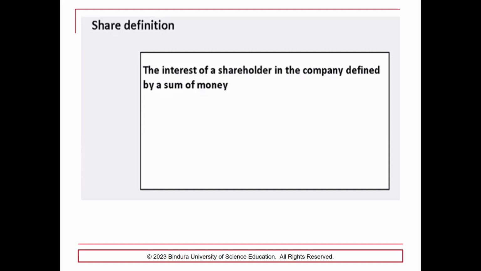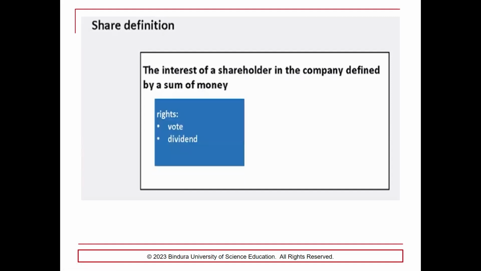So a share represents the interest in the company or perhaps the money that you have actually invested in the company. So if you have 50,000 shares of $1 each, it basically just means that you would have invested 50,000 in that particular business. So the shares that you would have bought will then give you the right to make decisions within the business. So decisions within the business are made by shareholders through voting. So it then means whoever has got the most number of shares is the one who is going to make the decision.